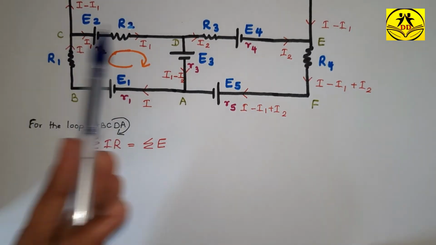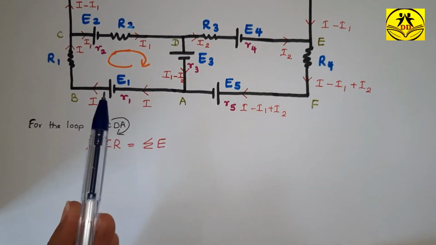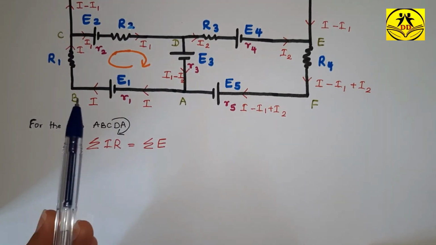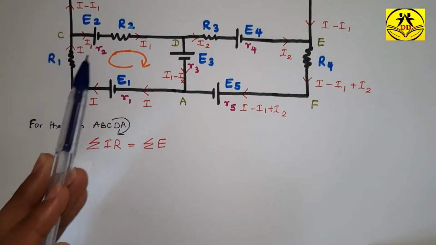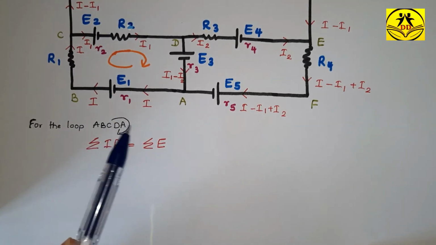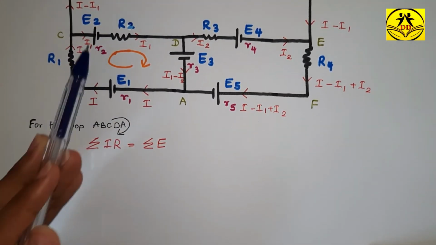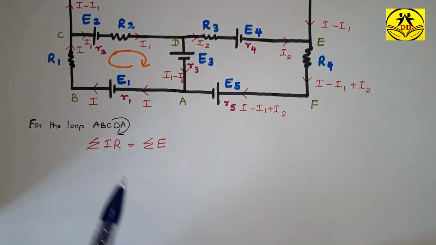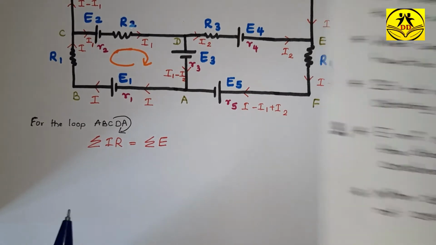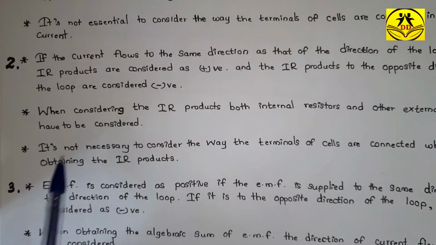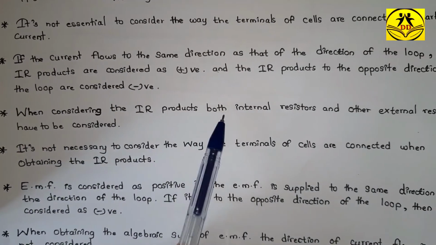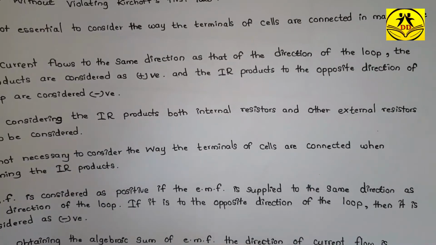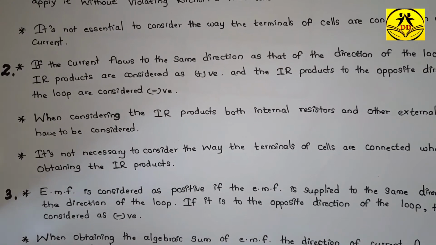So if the current flows in the same direction as the loop, the IR products are considered positive. So here this IR product, and these internal resistances of the cells are also considered. These IR products are considered positive. The next factor is, when considering the IR products, both internal resistors and other external resistors have to be considered.